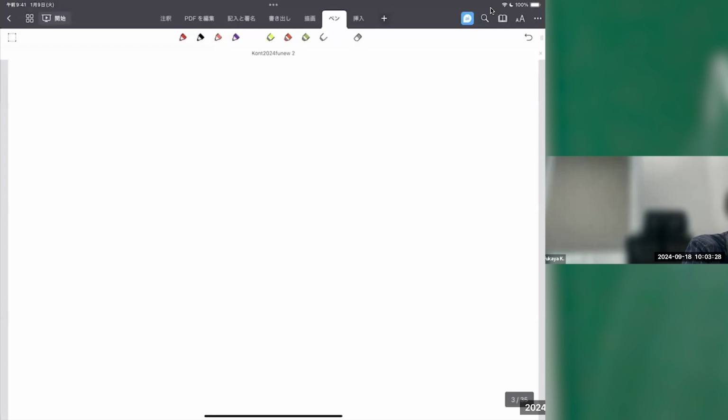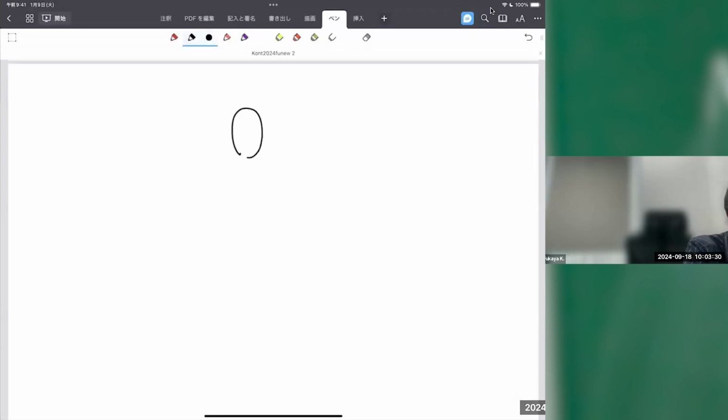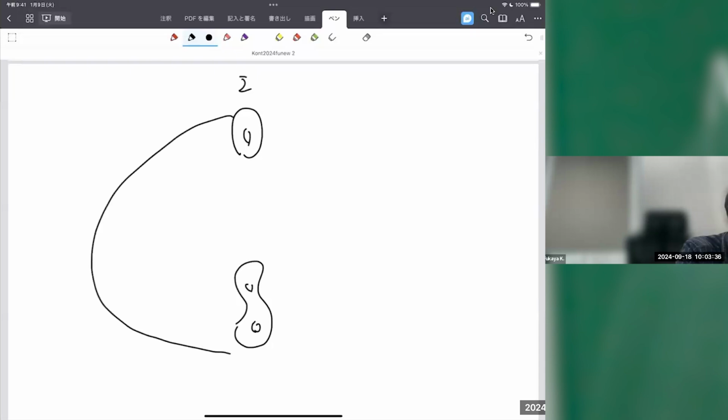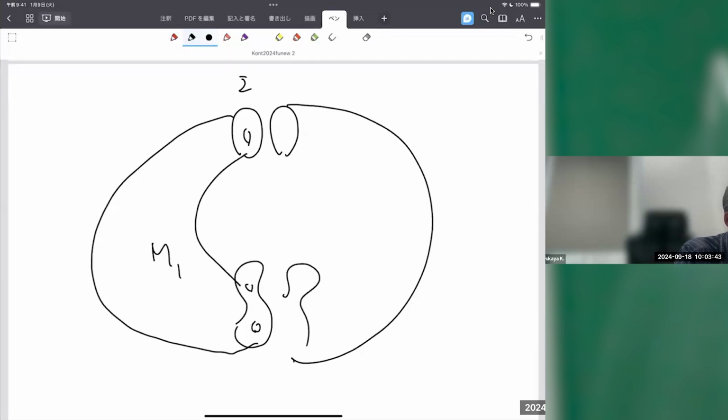We have this sigma, which has two connected components, and you have M1, and you have M2. And so we glue them, you get M. So it's a closed three-manifold.